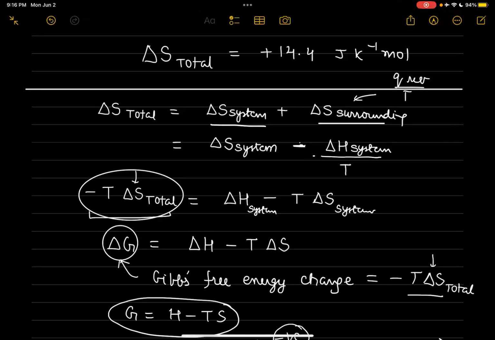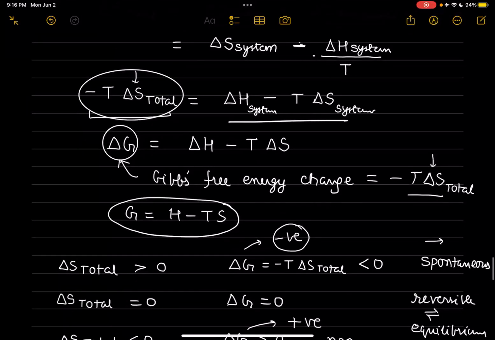And you write it like this, expressing the whole thing as minus T delta S total, and that is delta G. So now we have a new term, Gibbs free energy or Gibbs Helmholtz energy.